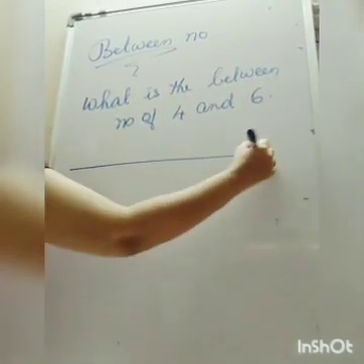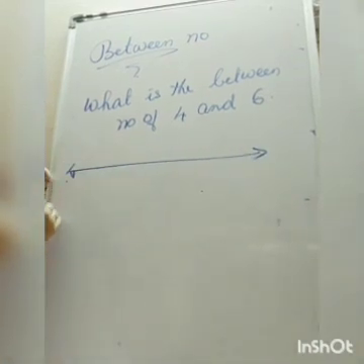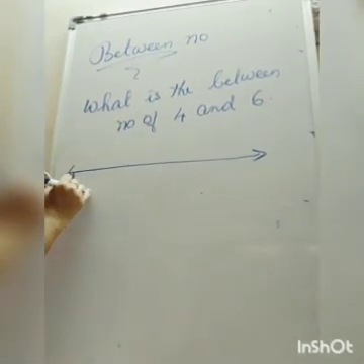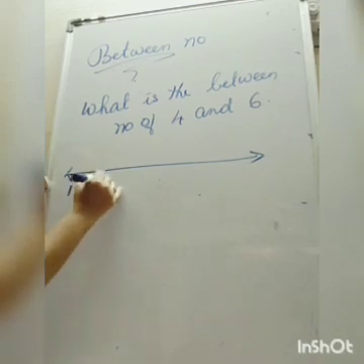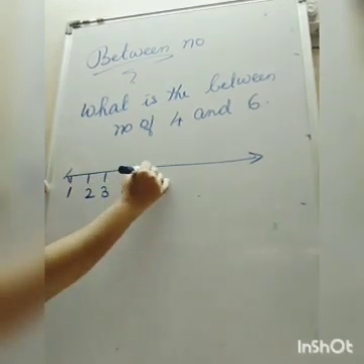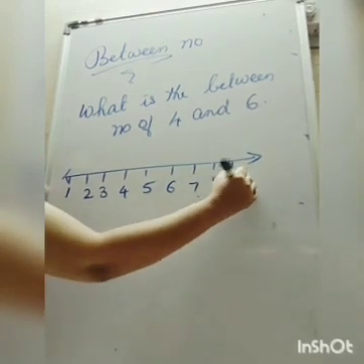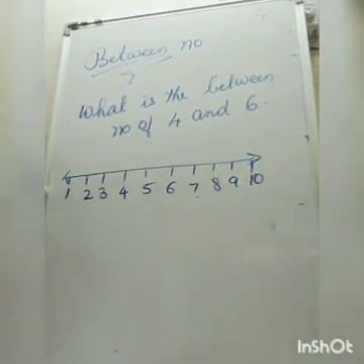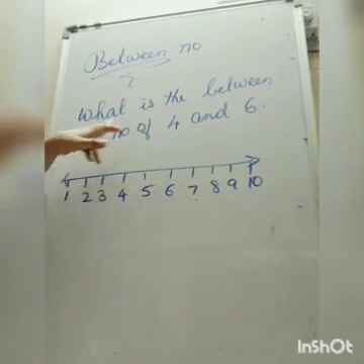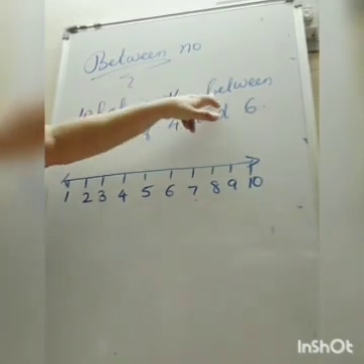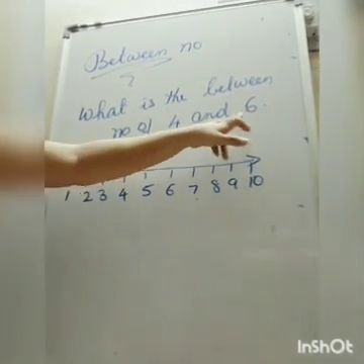With the help of a number line, we can understand the between number. 1, 2, 3, 4, 5, 6, 7, 8, 9 and 10. Here, see, listen the question. What is the between number of 4 and 6?